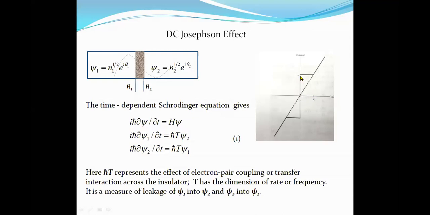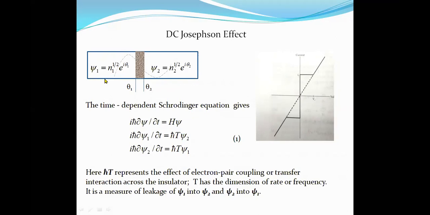You can see a step measured over here, and it is interesting that it can flow in this direction and in this direction as well, but you have not applied any voltage. It's only after you apply voltage that it's a normal system and behaves like an ohmic system where V is proportional to I. So in this region, the current flows without any application of voltage. That's the DC Josephson effect, and we will explain this using the equations of quantum mechanics.